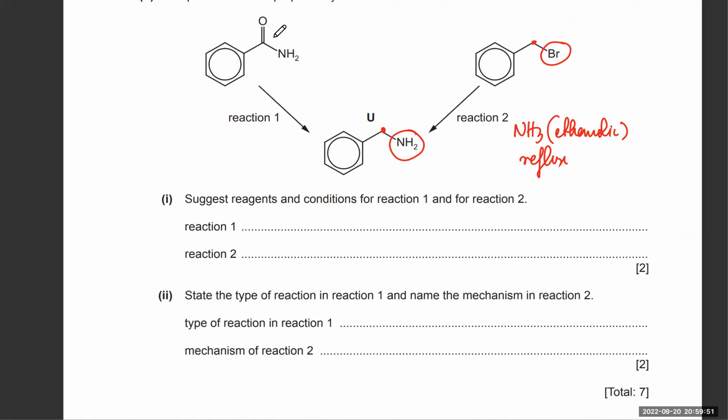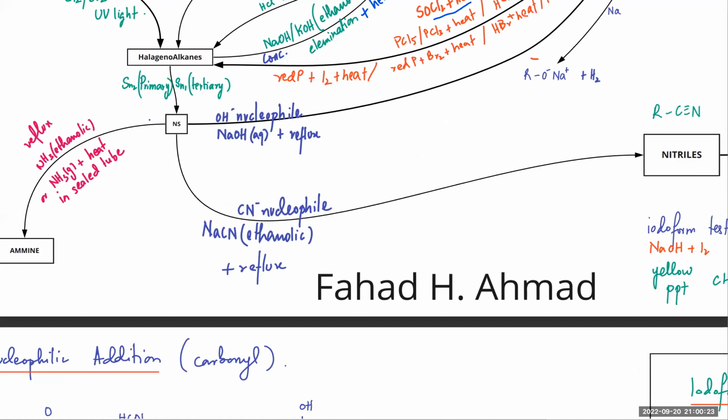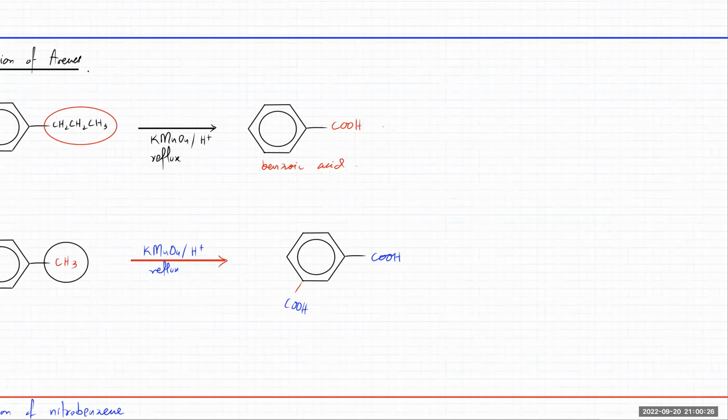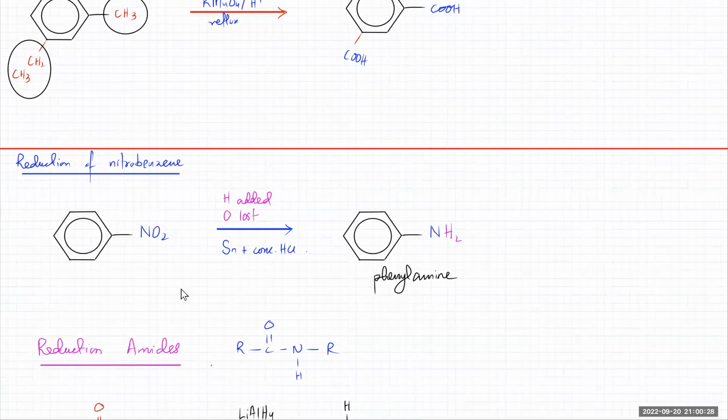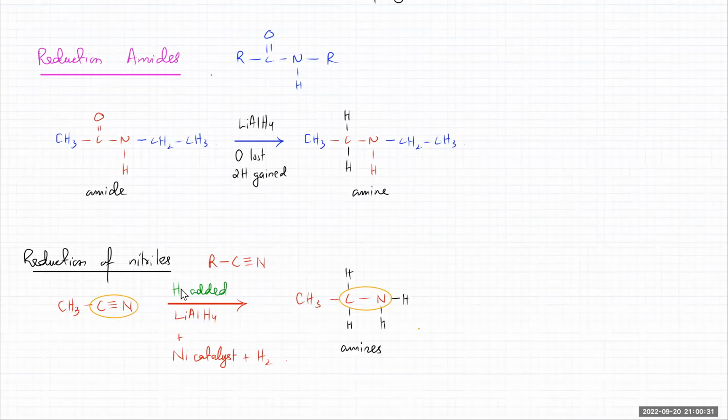So that's one. And then you've got an amide. This is an amide, it's N with a C double bond O, and it's turning into an amine. So what reaction is this? If you open part 3 in oxidation and reduction, we did the reduction of amides.